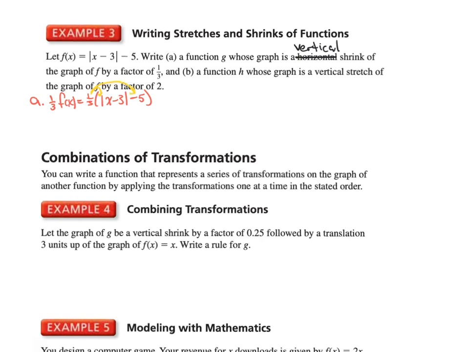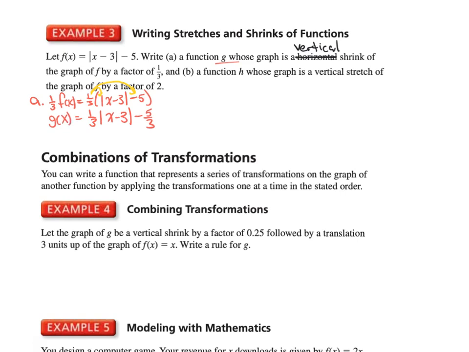We cannot multiply inside of an absolute value, so the 1/3 just sits on the outside: 1/3 times the absolute value of x minus 3. And do 1/3 times minus 5, which is minus 5/3. And the 1/3 f of x is now called g of x. So we're going to call this g of x.